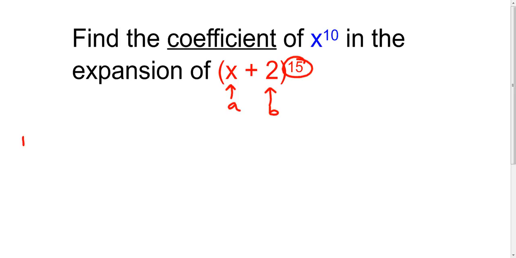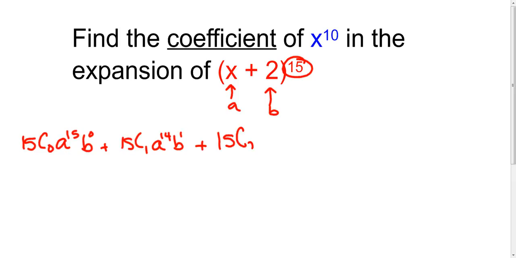So I will start off with 15C0, A to the 15th, B to the 0. 15C1, A to the 14th, B to the 1. 15C2, A to the 13th, B squared. 15C3, A to the 12th, B to the 3rd.